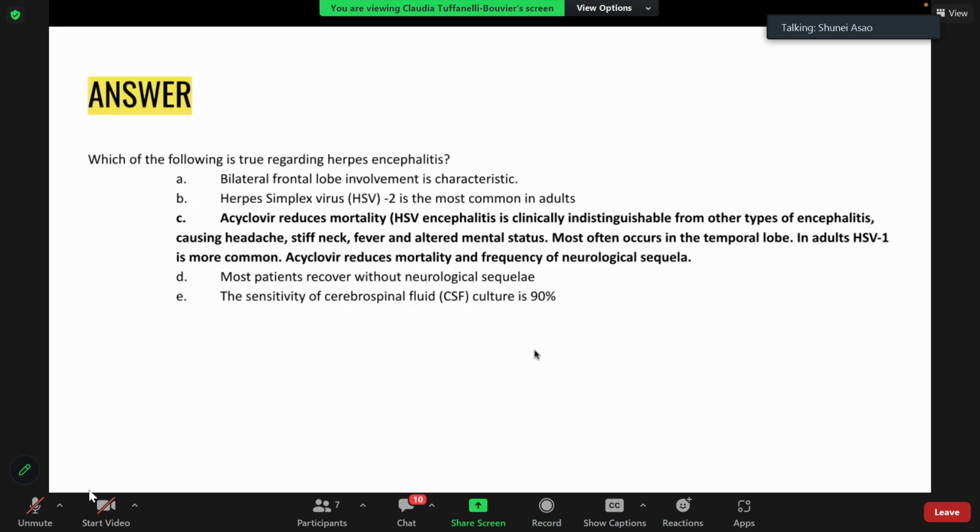Hey, Claudia, does the mortality matter if it's more than 48 hours from symptom onset? I didn't see anything that showed that. And I would be surprised if that's the case, because encephalitis does tend to present with more of a prodrome. It's not like meningitis where it comes on super fast.